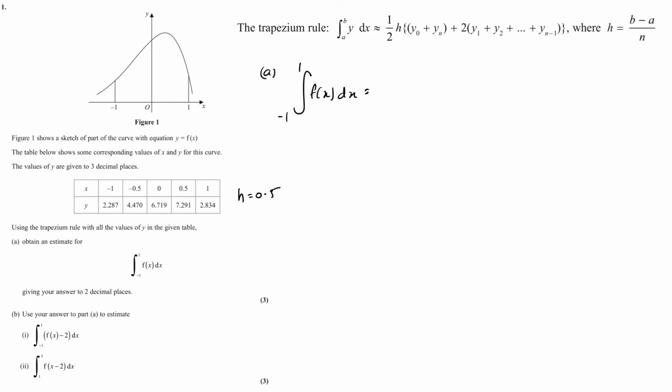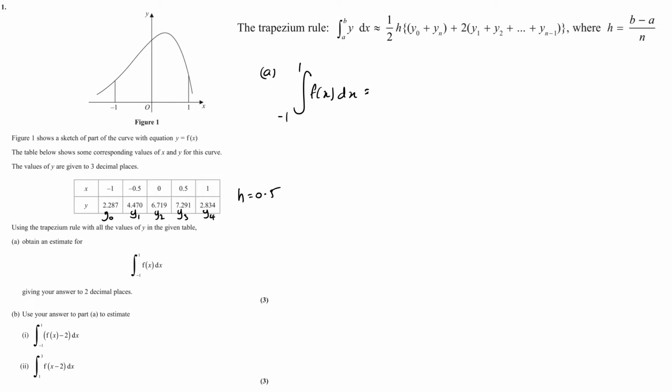And then if you look at your table, this is your y0, y1, y2, y3 and y4. So it's got 4 strips, which of course is 5 values. You know, that'll be the first, then you have second, third, fourth, fifth, creating 4 different trapeziums.